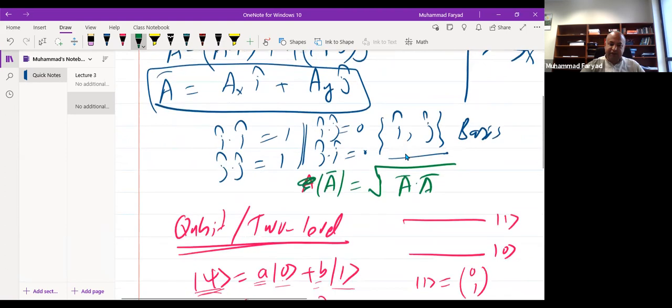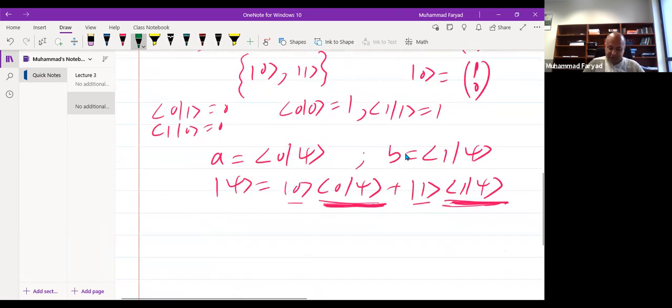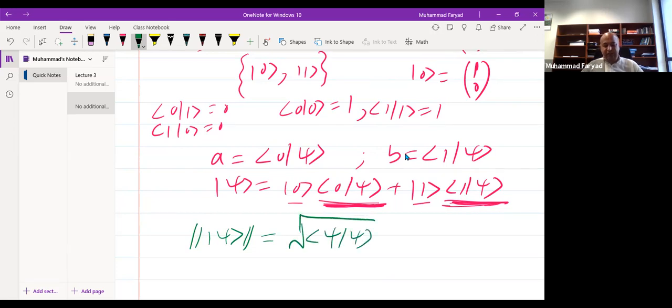Similarly, we can find the magnitude of this vector psi, and this is represented in many ways by different people. For example, you can write it like this. So this is the dot product of psi with itself, or there could be other symbols as well.